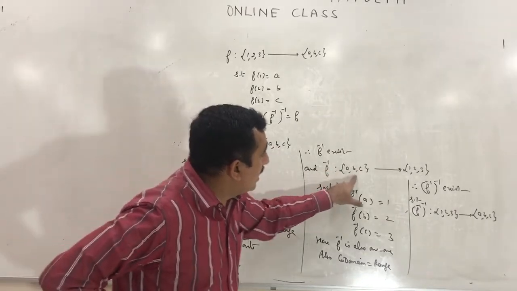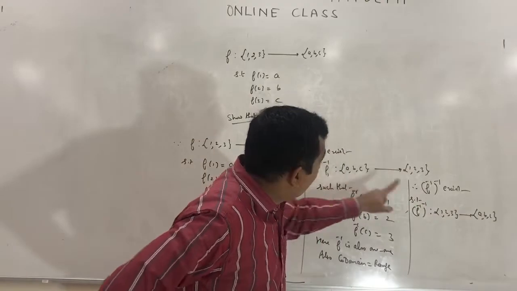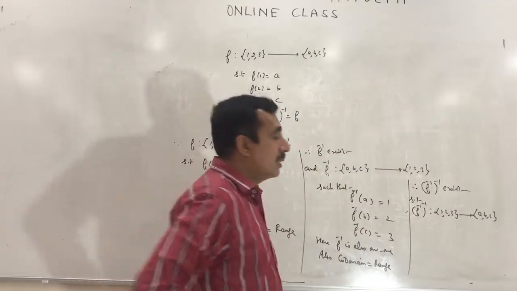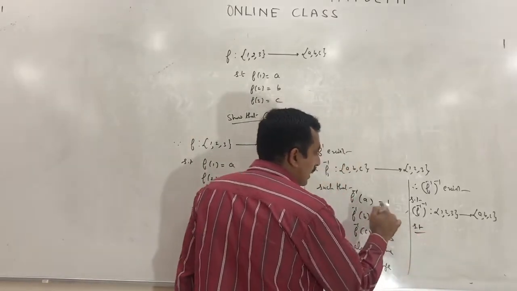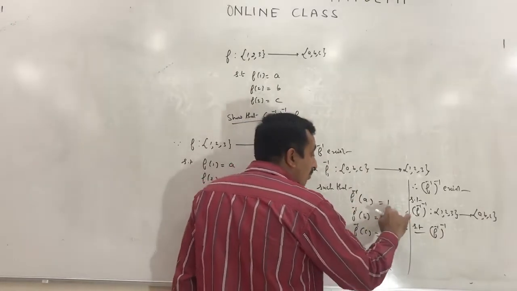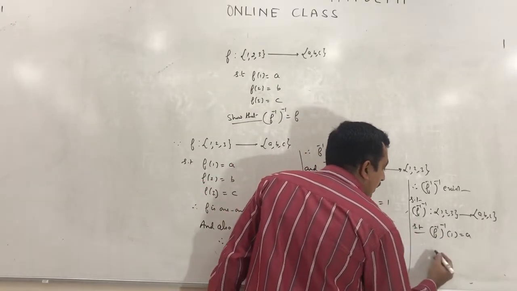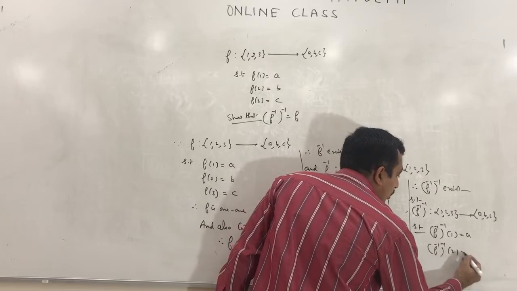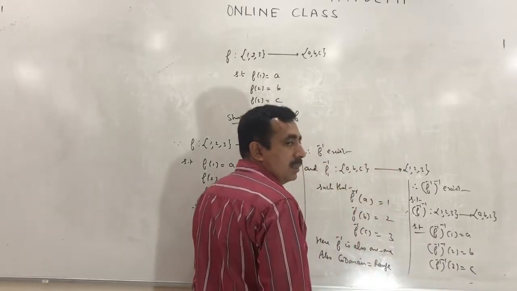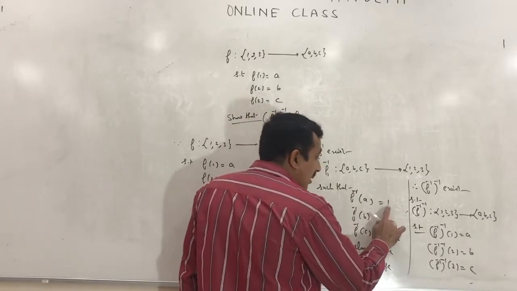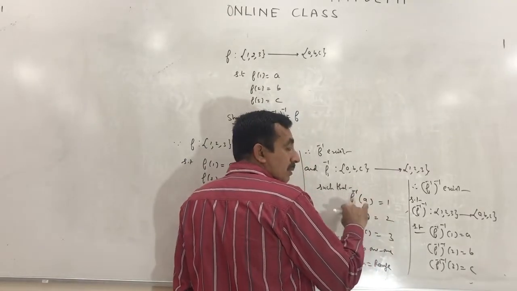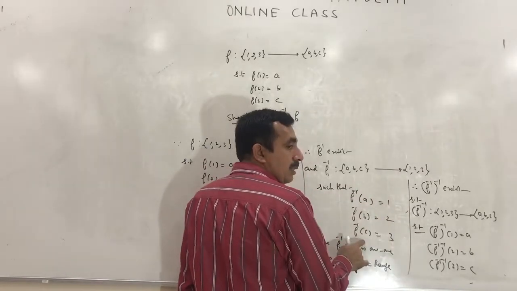Inverse is from {A, B, C} to {1, 2, 3}, and its inverse is from {1, 2, 3} to {A, B, C}, such that the inverse of 1 is A, of 2 is B, of 3 is C.